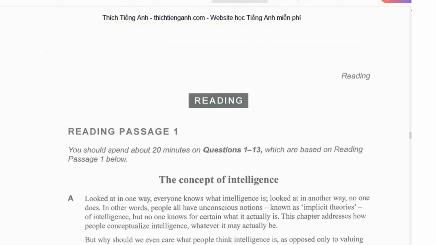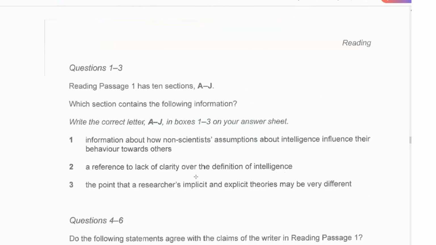Then number 3, the point that a researcher's implicit and explicit theories may be different. A researcher's implicit and explicit theories may be different. Okay. So let's see that.